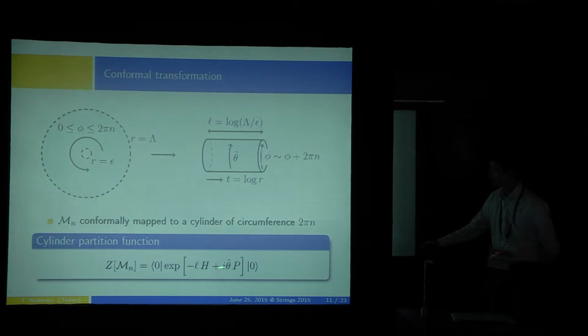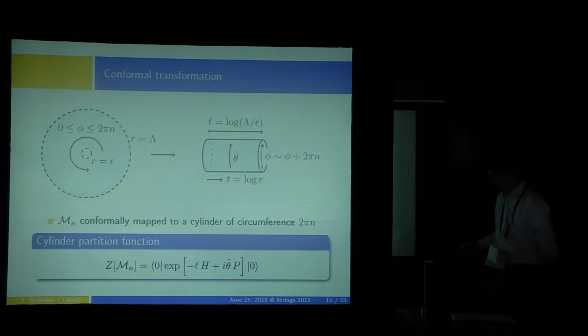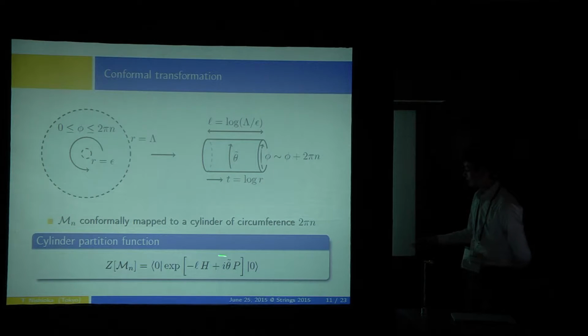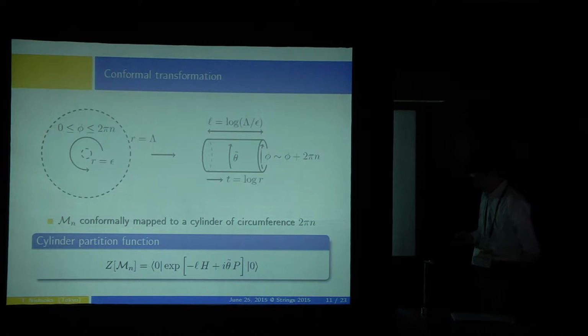So this is the cylinder partition function. Here, for simplicity, I choose the boundary state to be the ground state. But even if you choose other boundary conditions, the result doesn't change much.